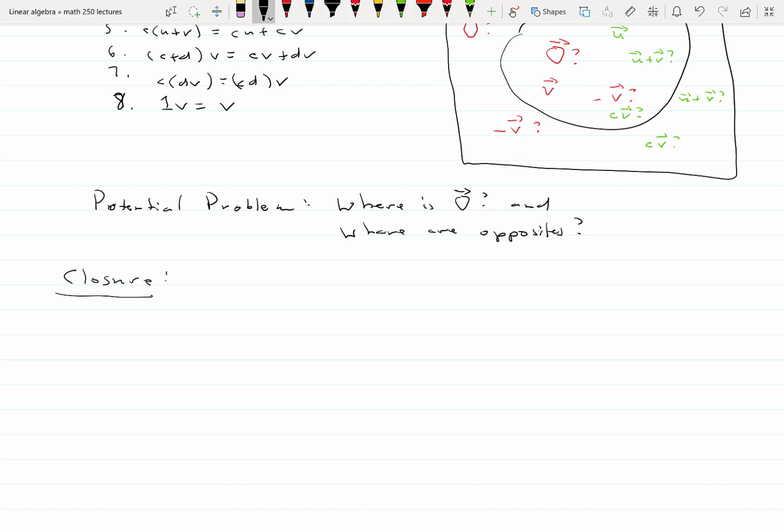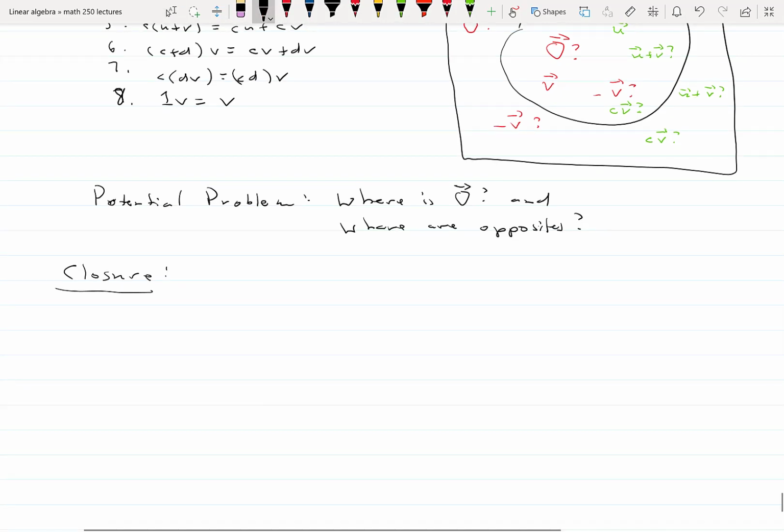They can't get out. It's like closure means there's sort of a wall built around the subset that says that if you take any two items inside the wall and you add them up, they've got to stay there. If that happens, then you have what's called closure under addition.